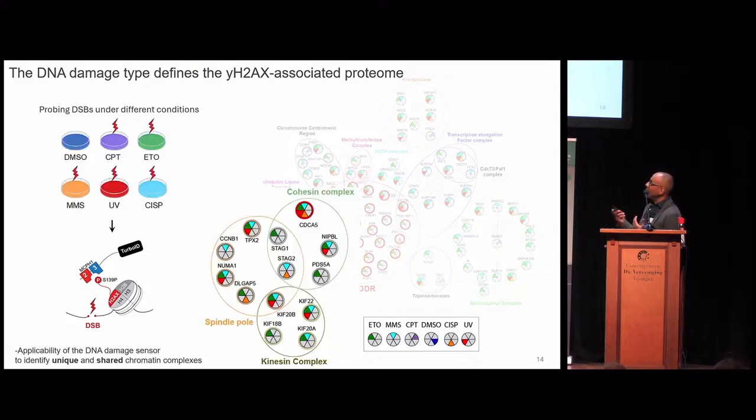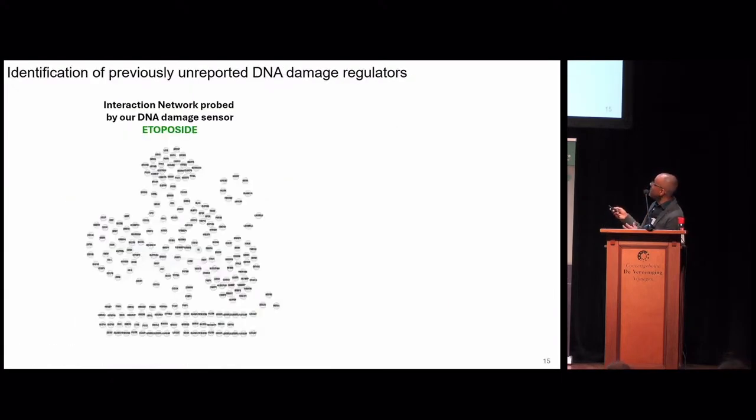I also want to emphasize that we capture proteins involved in the spindle checkpoint, kinesin complexes, and cohesin complexes, which give us a very nice and broad idea of the complexes that we can discriminate with this approach. Essentially, what we have found so far is that we do get a bunch of proteins that are expected, which is good. It shows that the approach is very accurate at capturing proteins in double-strand break repair pathways.